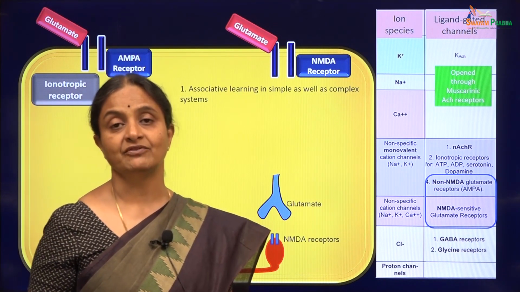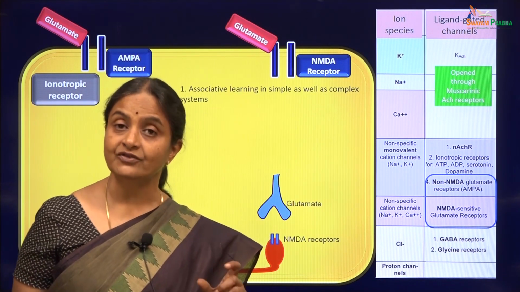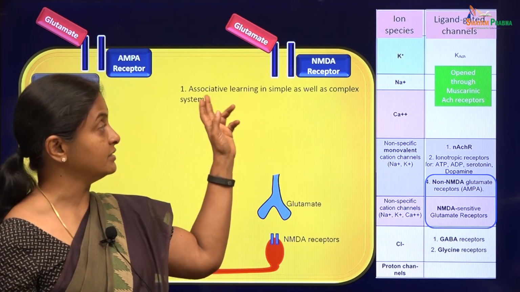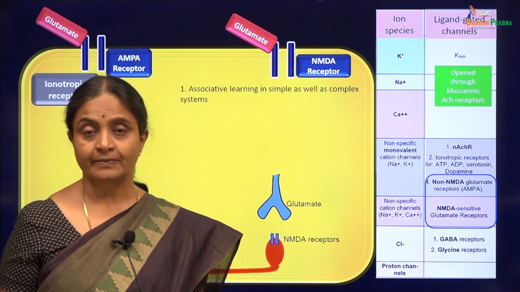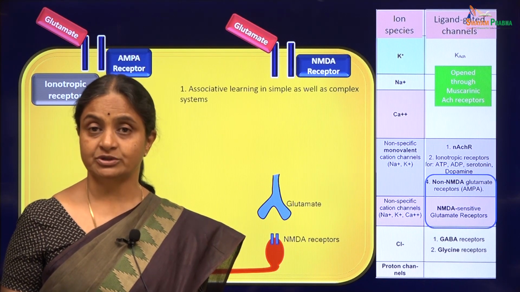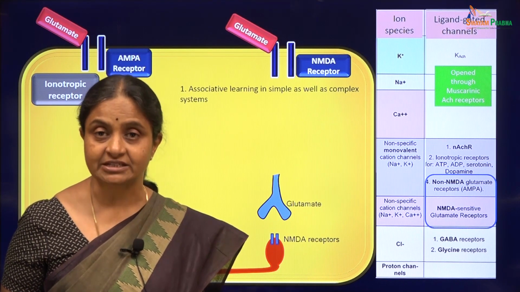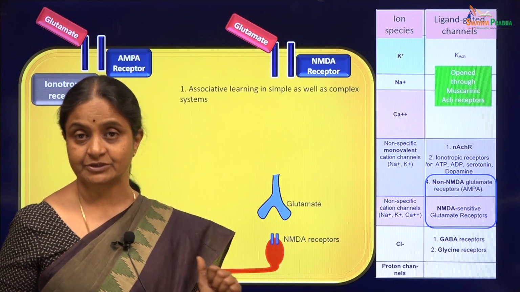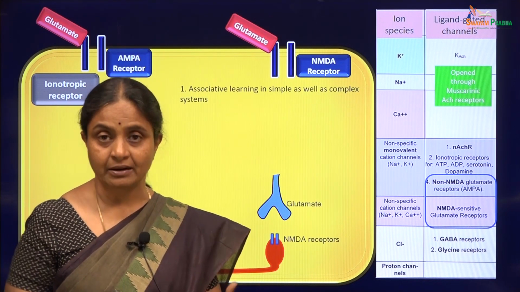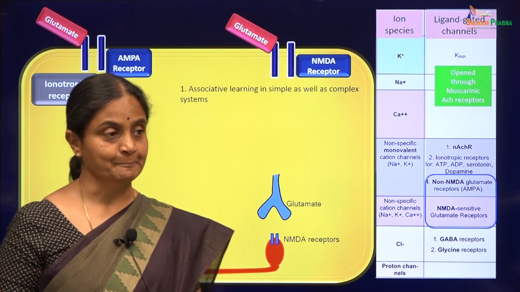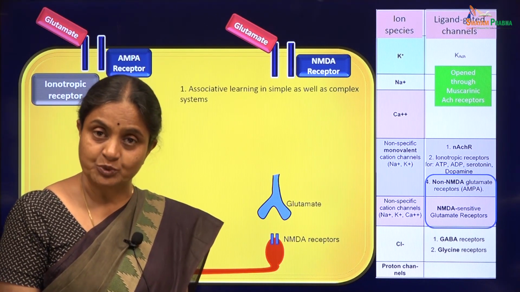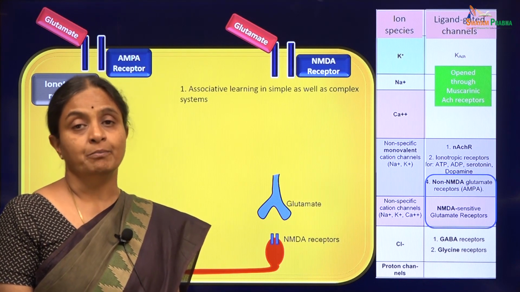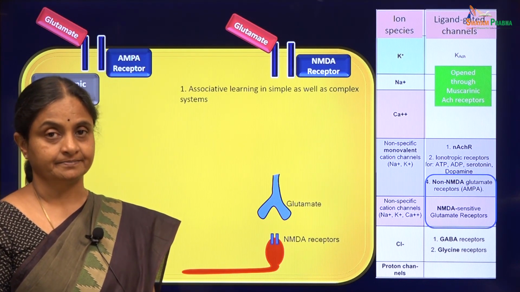That is a good example of associative learning, and that kind of associative learning requires NMDA receptors. Not all learning. Non-associative learning is not affected when you block NMDA receptors in simple experimental systems, whereas blockade of NMDA receptors will block associative learning.